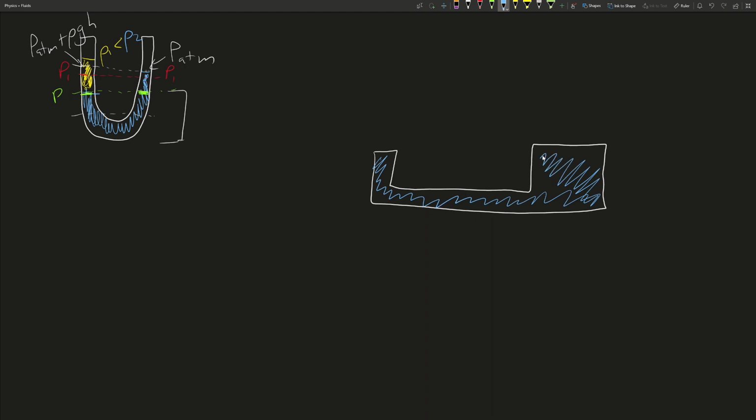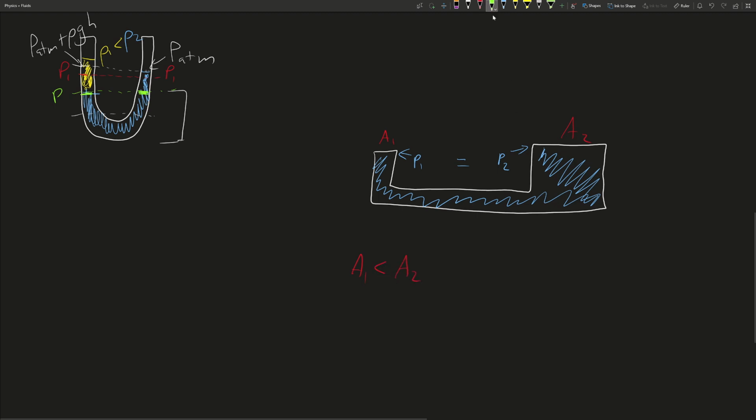Now the pressure at point 1 is equal to the pressure at point 2. So these are equal. But then the area here, area 1 and then area 2, area 1 is less than area 2.